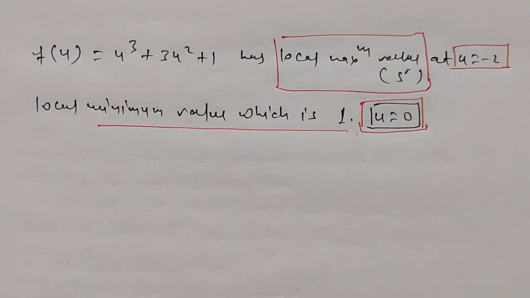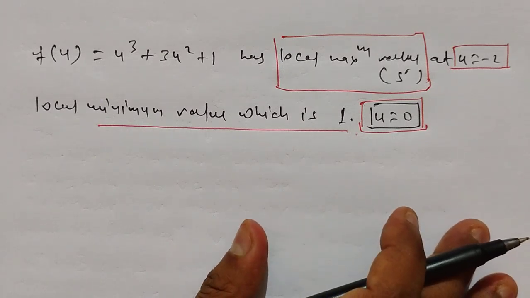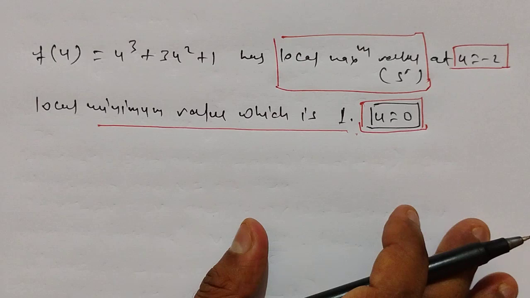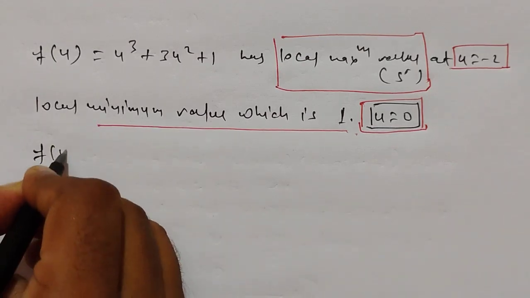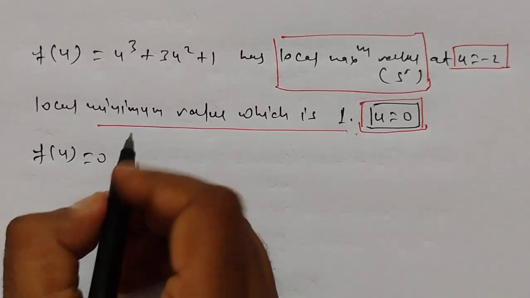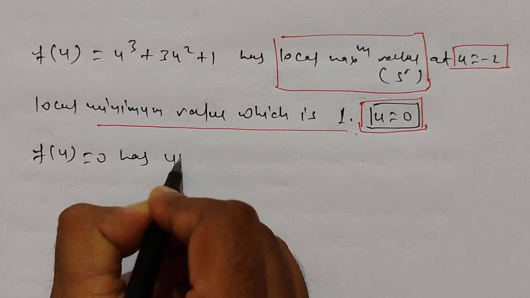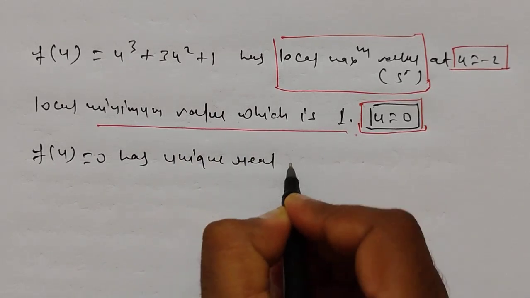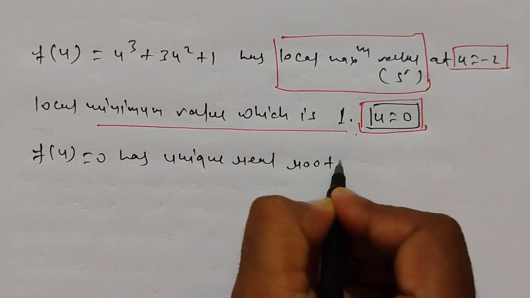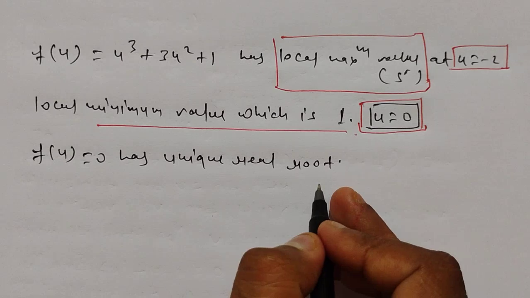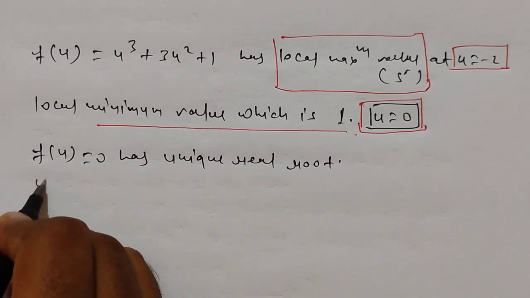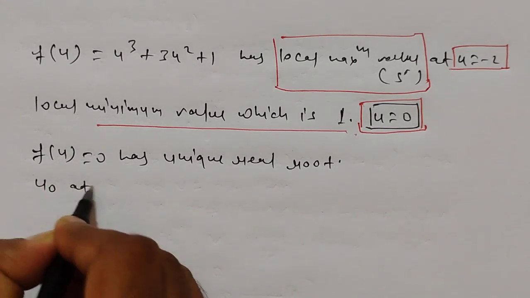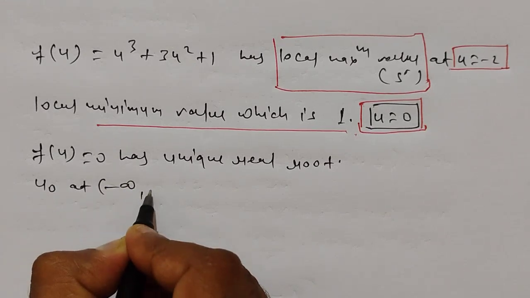Now here one thing is important to see, that f of u is equal to 0 has a unique real root, and here u naught is in the interval -infinity to -2.